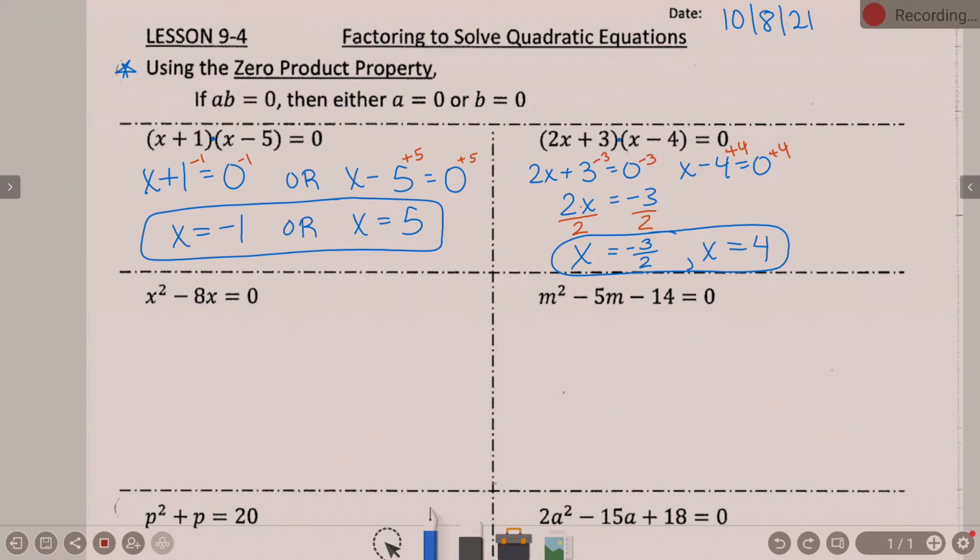How do we feel with that part? That's the easy stuff, isn't it? Okay. As we look at the next ones, what do you notice? They're multiplied out the way they are, so we're going to have to factor them, aren't we?